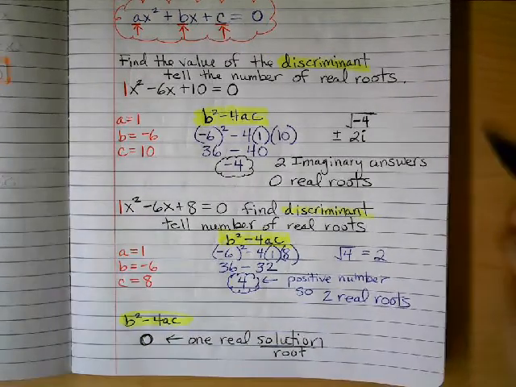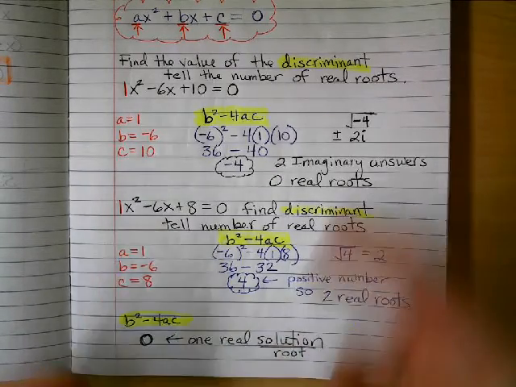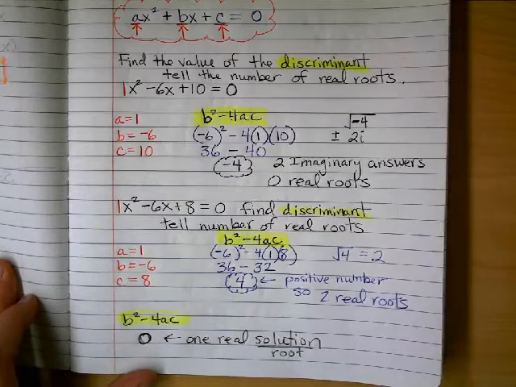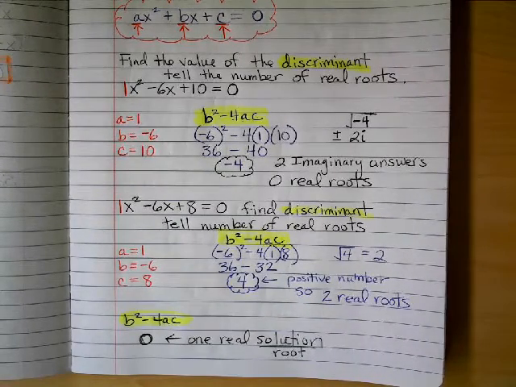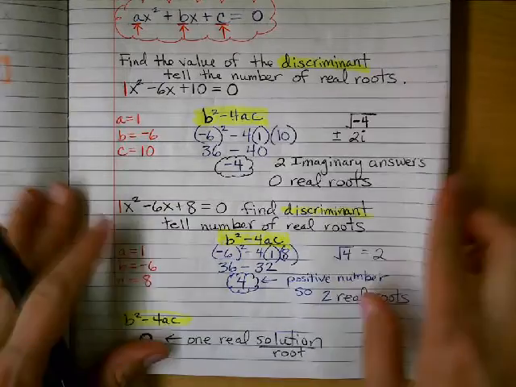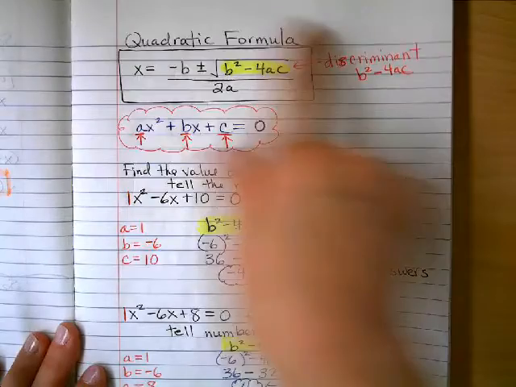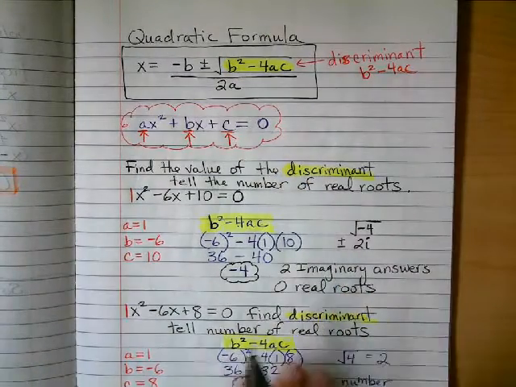We'll try one of those, just to save time, so you see how that works out. Okay, so let's see what we got here. All right, now let's go ahead and do the entire formula. Knowing the discriminant part helps you know how to do it. We're going to try the entire quadratic formula now.